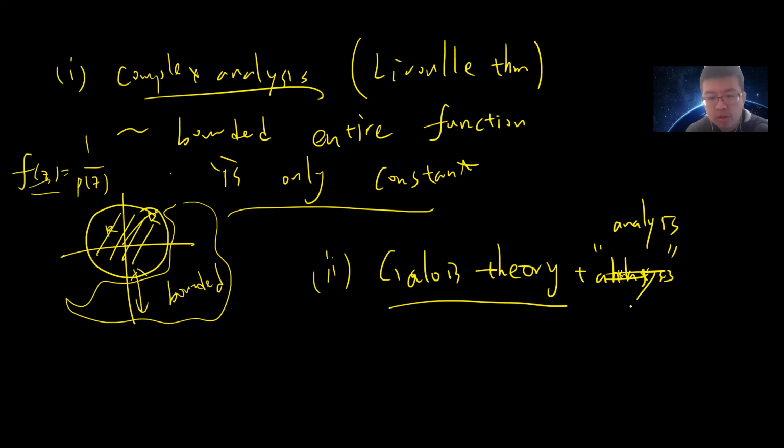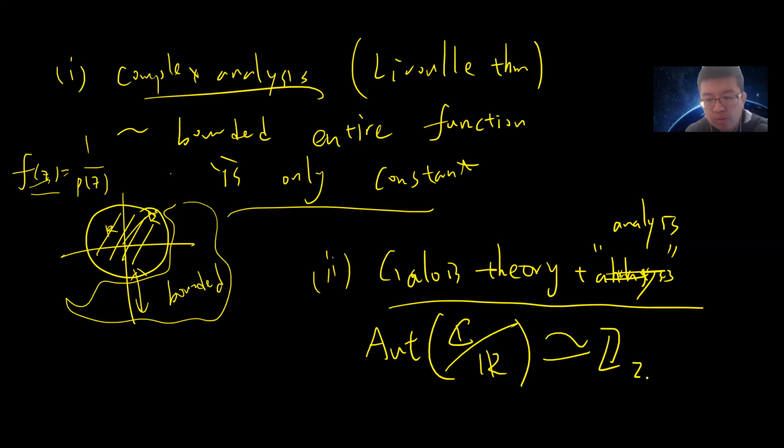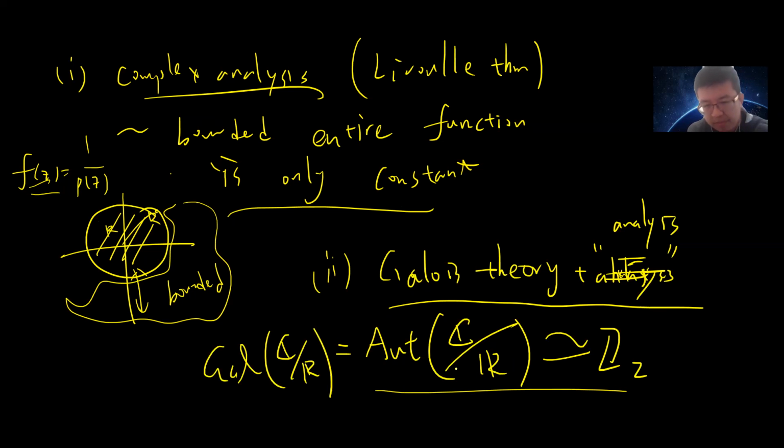This part is a little bit tricky, but all you need to know is that the Galois group of C over R is just the group Z2, and using some analysis, you can prove that if there are no roots, then it will contradict this Galois group of C over R. The third proof, which is what I'm going to be doing now, uses analysis.